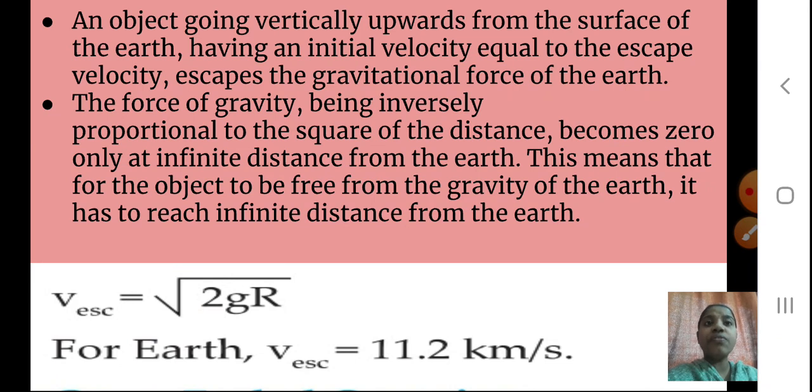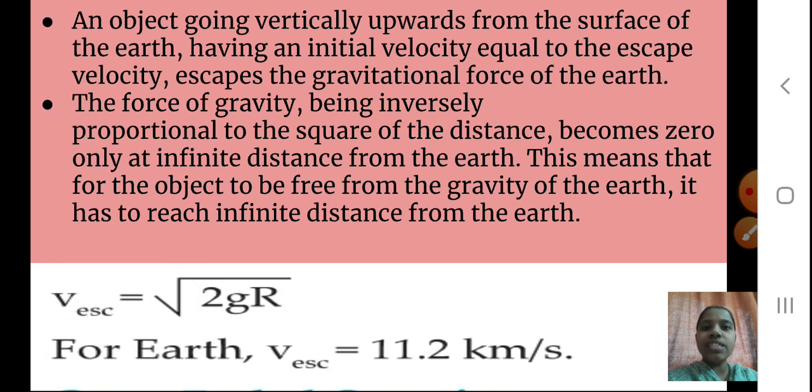Okay, students, so if the object you are throwing vertically upwards with a great velocity has its initial velocity equal to the escape velocity, there is some value of escape velocity. If that value matches the initial velocity, yes, there the object will be out of the hold of gravity. The force of gravity, being inversely proportional to the square of the distance, becomes 0 only at infinite distance from the earth.